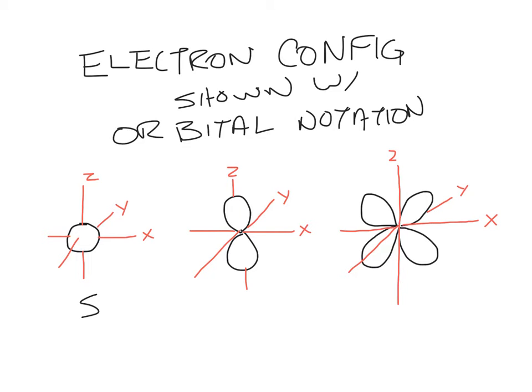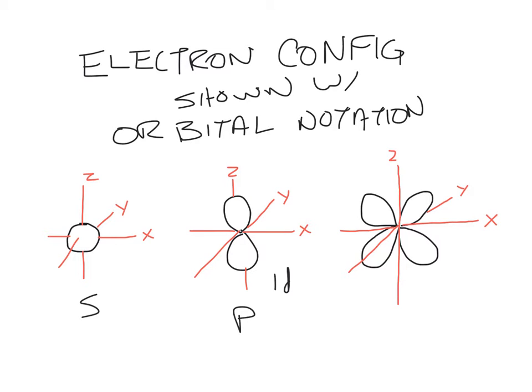A p orbital, on the other hand, is sort of this one-dimensional linear shape. So there are three ways that we can align a p orbital. We can align it along each of these axes. So I've drawn this one aligned along the z-axis. The other p orbitals would be the same shape aligned along the y-axis.